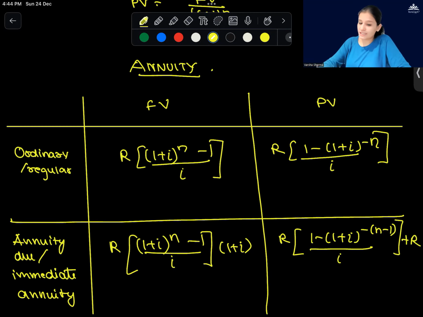Note the power. The power in the last column is n minus 1. So if you have the compounding here for 5 years, I'm going to only write the power 4. Done? Done?